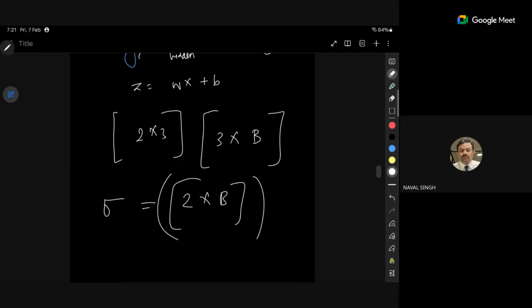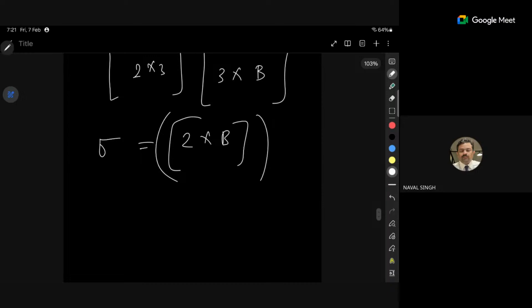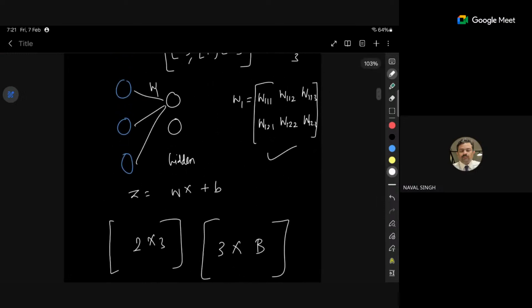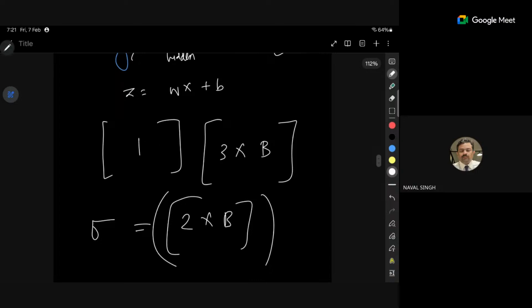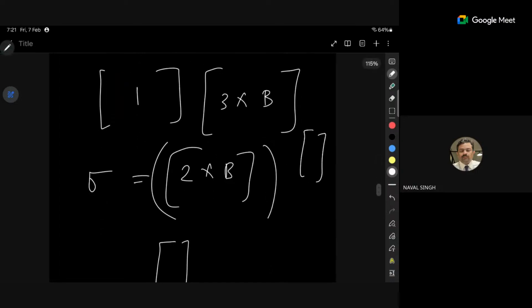Just remember one thing: the output you are getting for each point is 1 column. So the first column of this 2 cross b is the output for the first point. If you passed one data point, you would have gotten one column, right? Then you pass a second point, so you get another column.